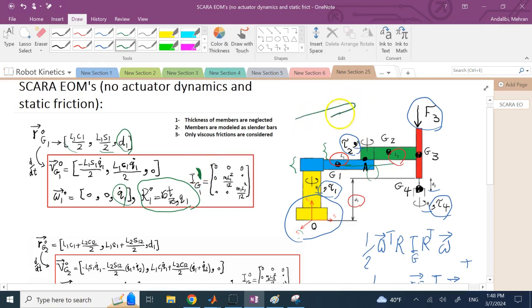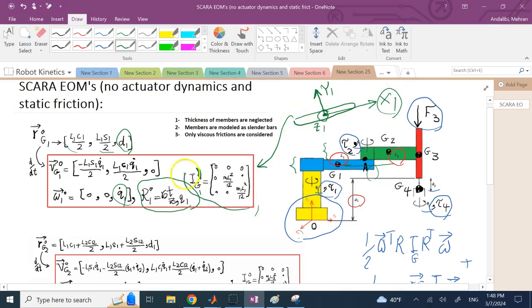Remember in DH, we had the x-axis along the member, and then y was in this direction, right? So this was y1, this was x1, and z was out of the plane. So we are calculating the I with respect to this frame. If the member is thin and slender, I about x is 0, and I about y and z is ml squared over 12.